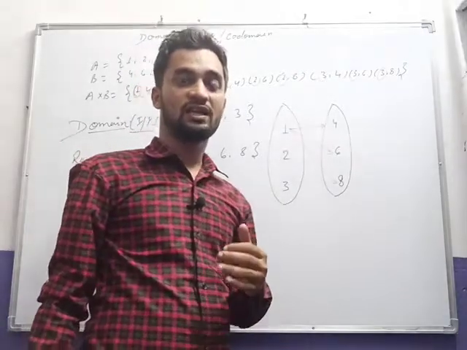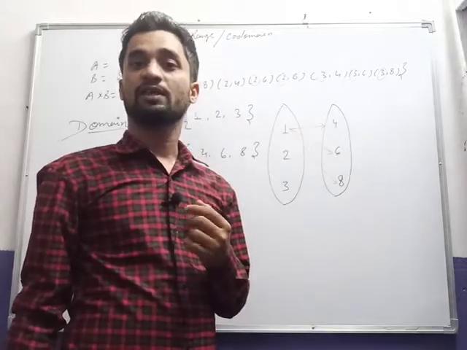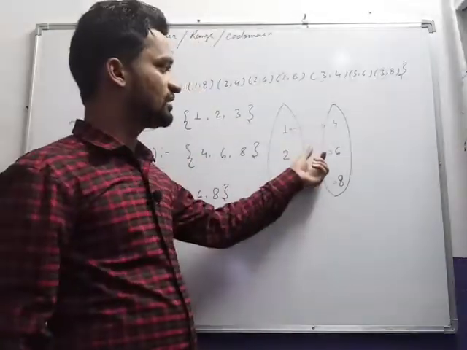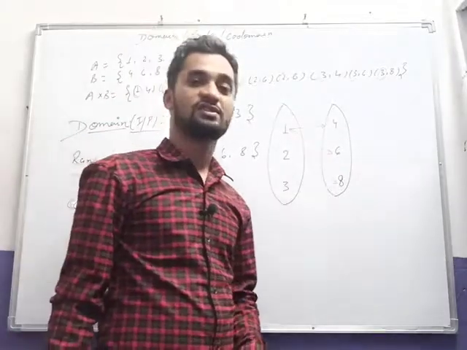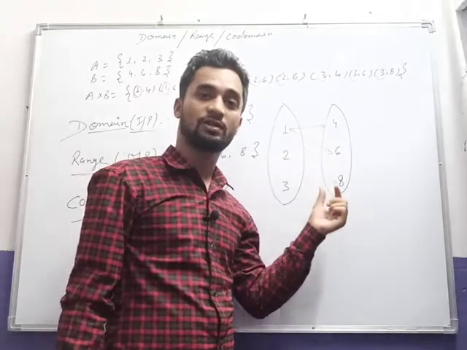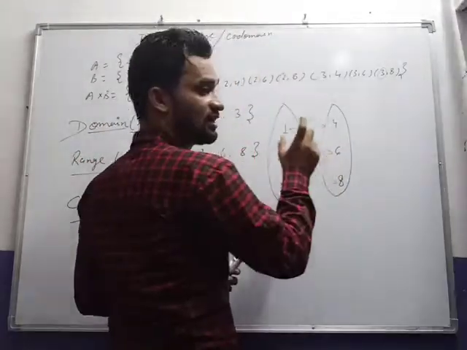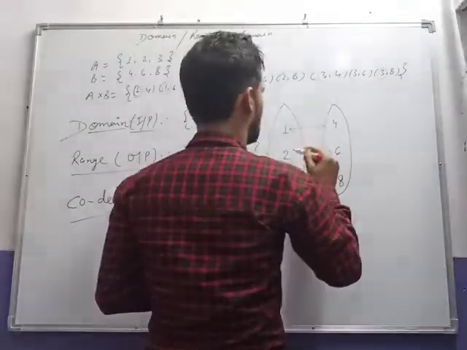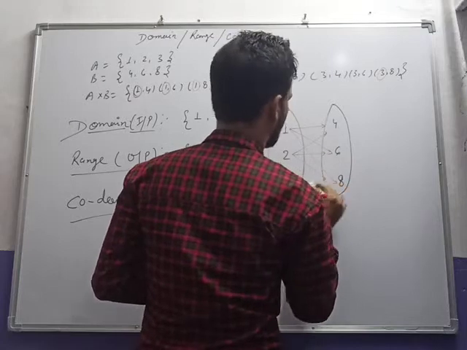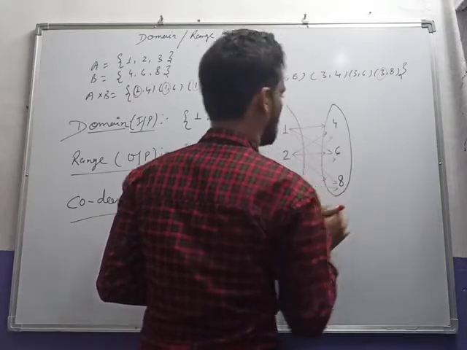I said every pre-image must have a unique image. So is this a function? No, this is not a function. This is a part of a relation. So don't be confused, I am just writing the Cartesian product. So 2 with 6 also, then 8 also, then 3 with 4, 3 with 6, and 3 with 8.